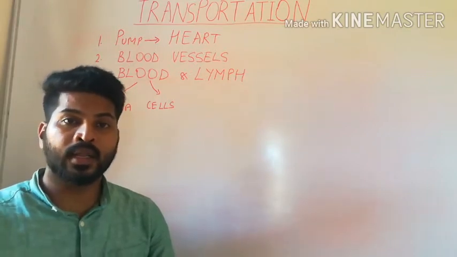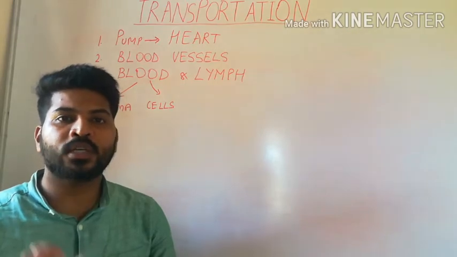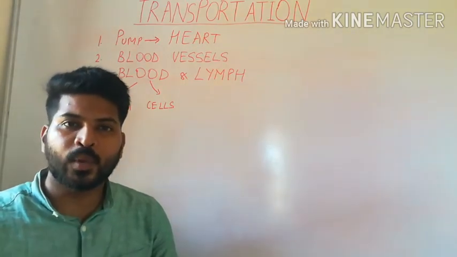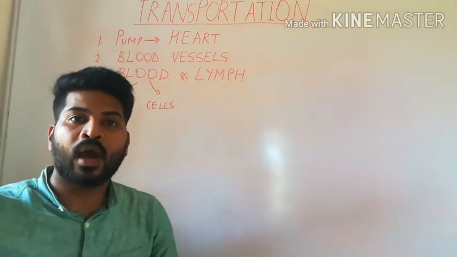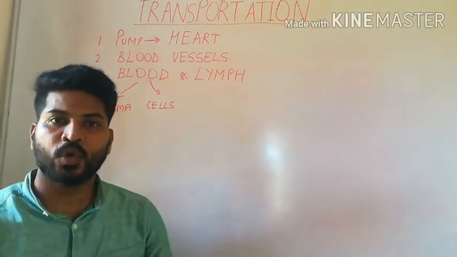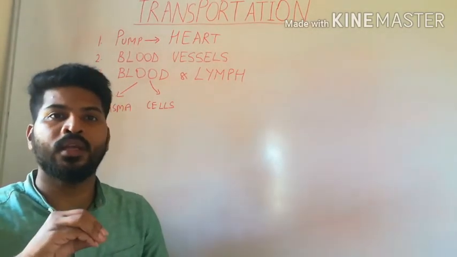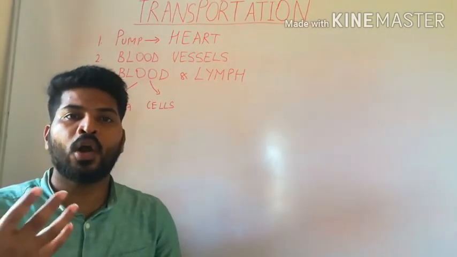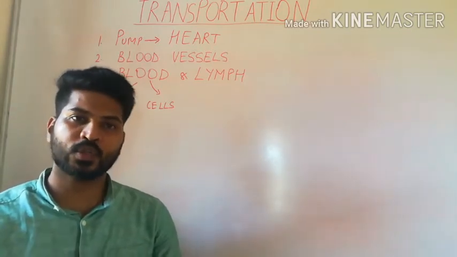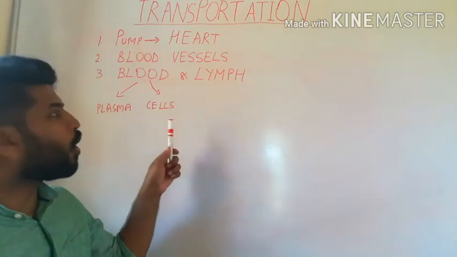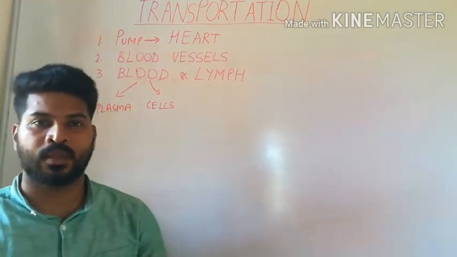More importantly, because of the loss of blood, there will be a drop in the pressure in the blood vessels, due to which blood may not be carried to farther places. So the platelets will rush to the site of injury, where they will form a clot and plug the leakage of blood. So platelets help in the auto repair system of the entire circulatory system.